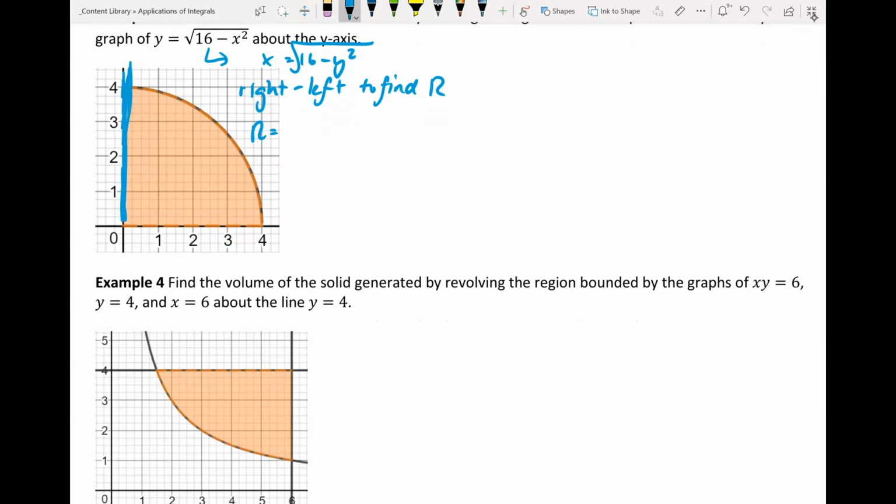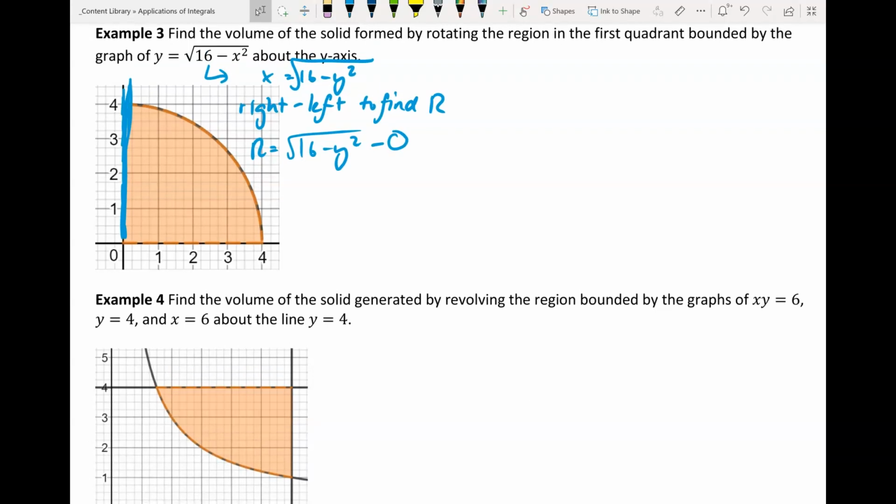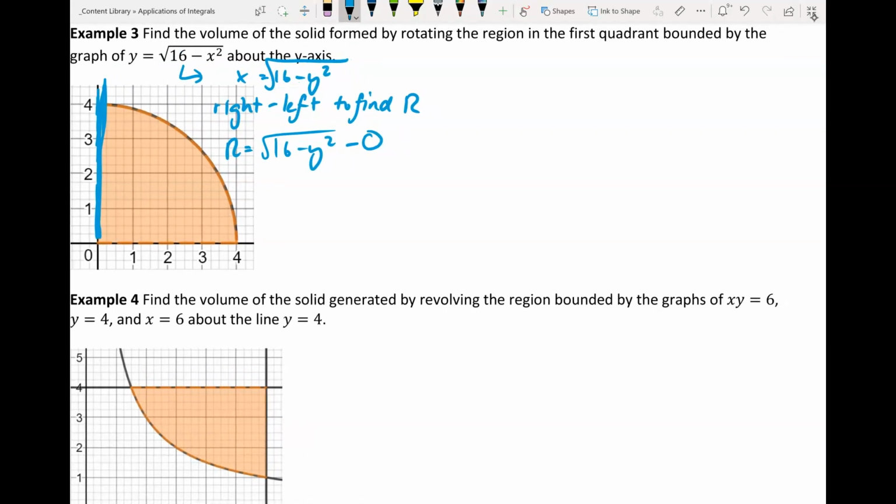So our most right is the root of 16 minus y squared. Our most left is the y-axis, and that is x equals 0. So r is just going to be the root of 16 minus y squared.